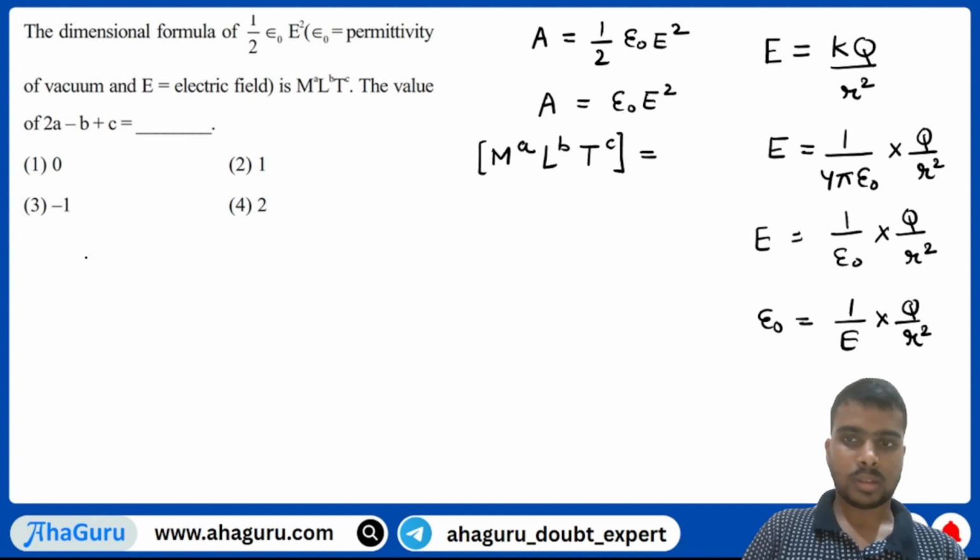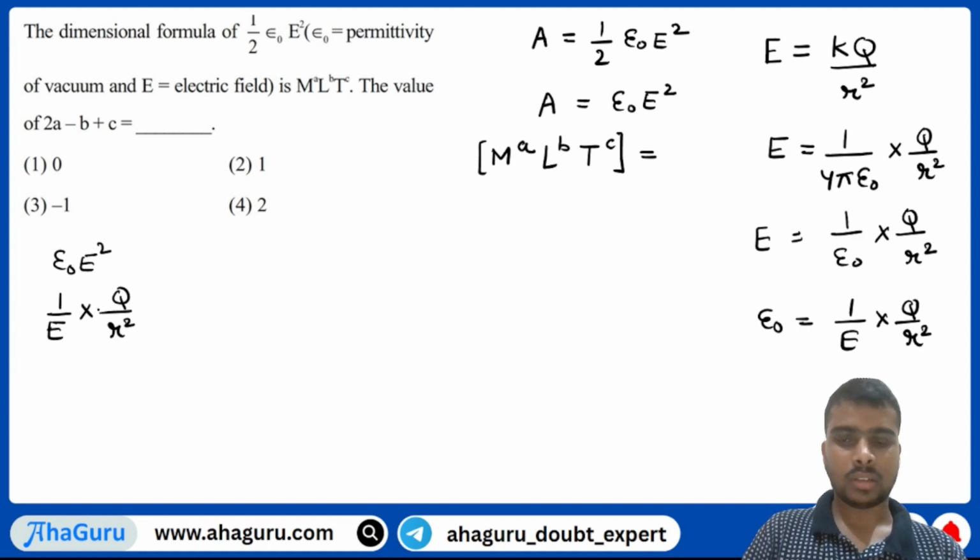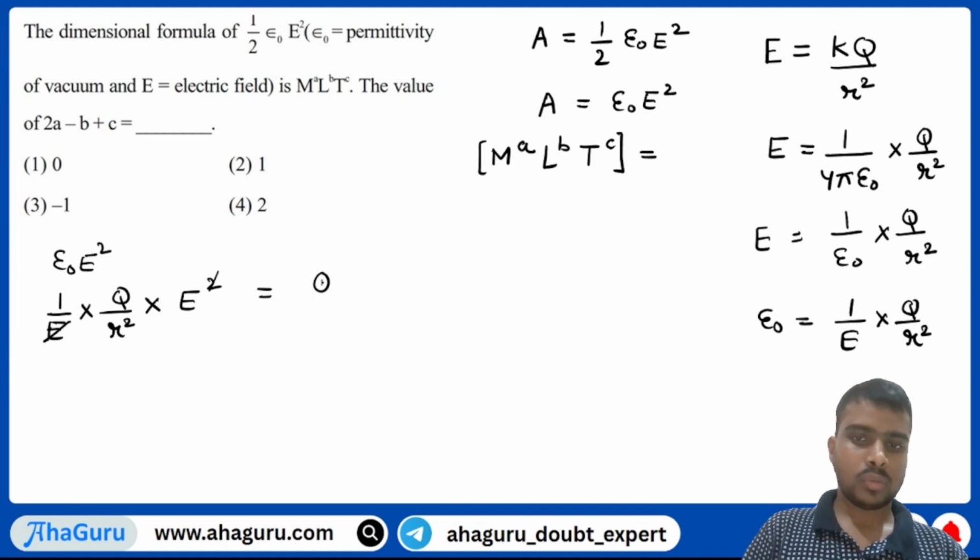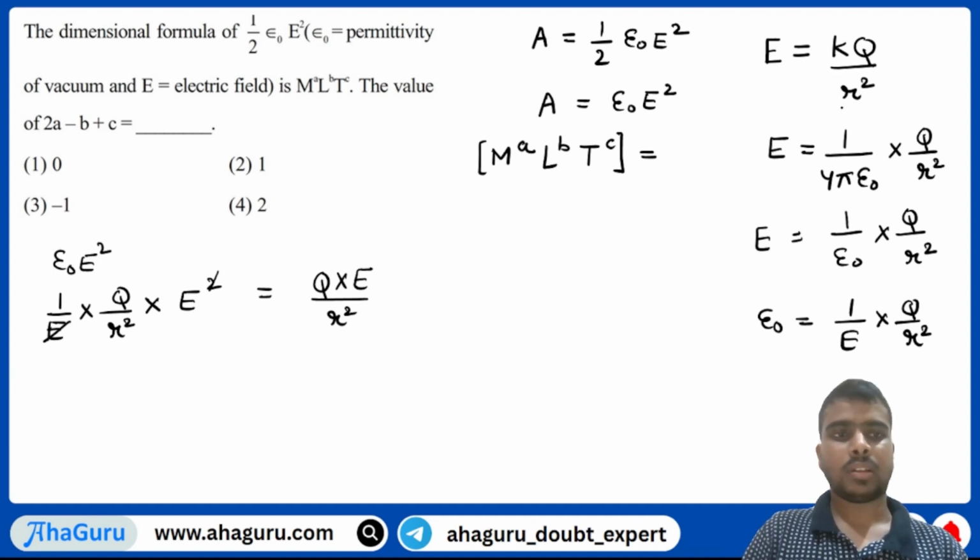So let's solve the RHS part. We have epsilon naught E square in the RHS part. For epsilon naught, the dimension is 1 upon E times Q by R square. I can write epsilon naught in this form, and E square is E square. Now I can cancel these terms, E with the square, and I'm just left with Q times E by R square. Now this E, I cannot substitute it back as KQ by R square, as that will give me epsilon naught also.